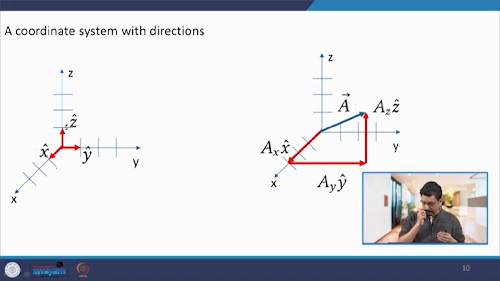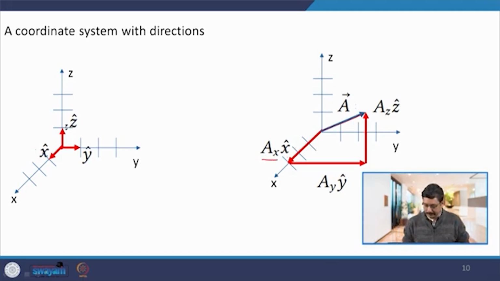Now I want to describe the vector A in terms of its components. What do I mean? It means that we can find a piece, a vector along the x axis with a certain length given by Ax.